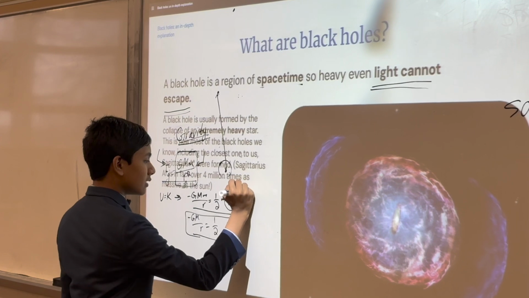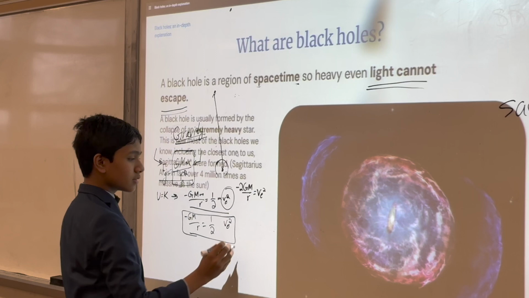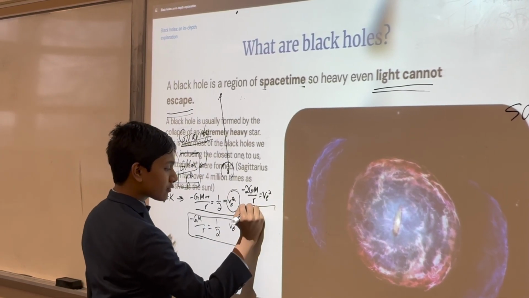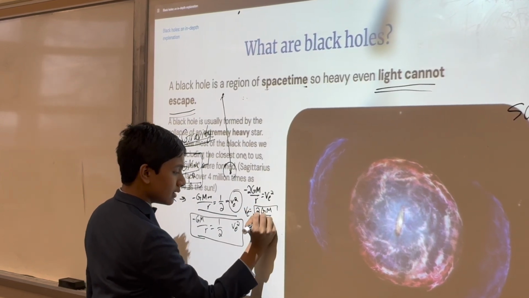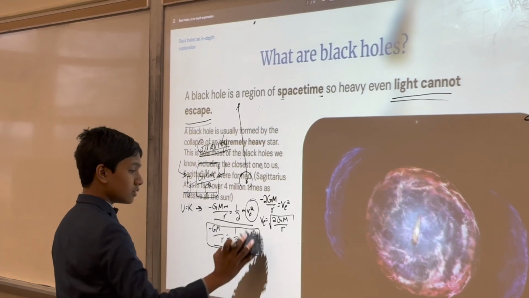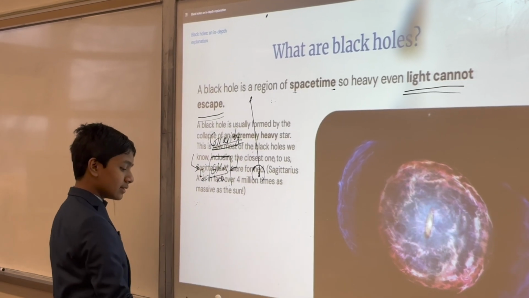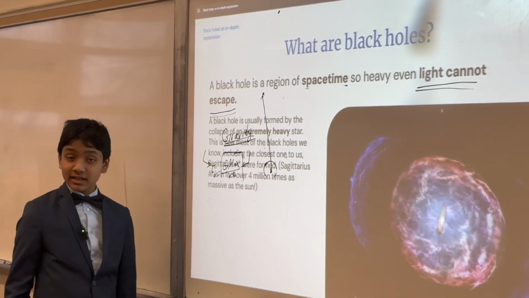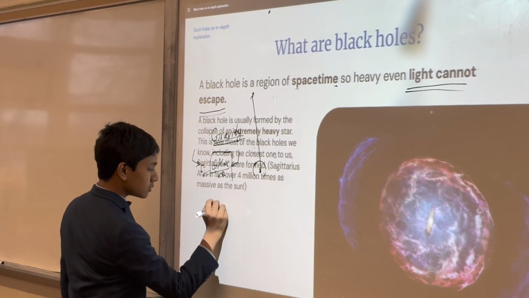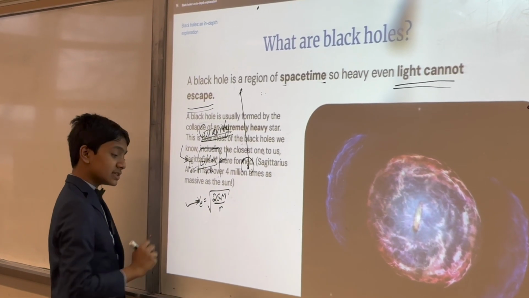So we go on to write negative 2GM over r is equal to the escape velocity squared, and after that, v escape is equal to the square root of 2GM over r. But the black hole is special in that light can't escape. As I said before, that's why it's black, which means that we have to set this escape velocity right over here to the speed of light.